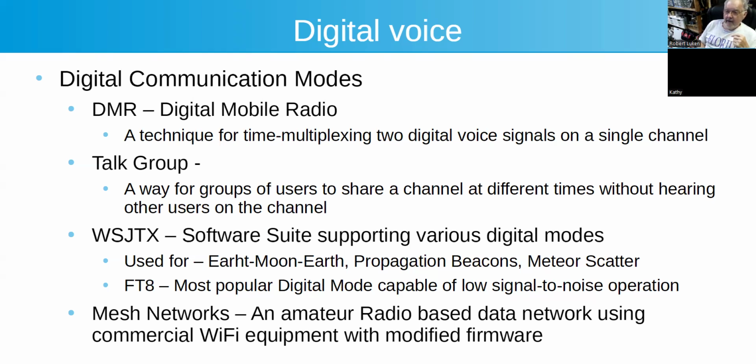There'll be a path between point A and point B through different routes. So if one of the nodes in that mesh fails, there's another way to get from point A to point B. The main thing there is it's done using commercial routers with different firmware.